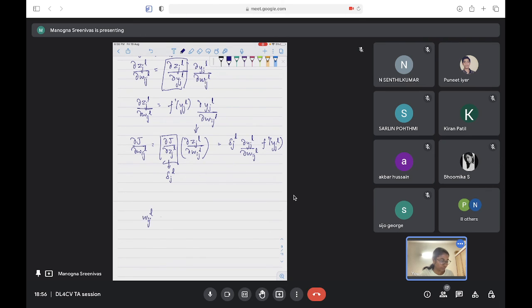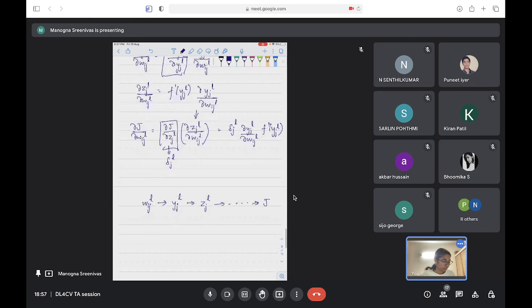Wij of L affects my output. In my forward pass, the way I am progressing is this Zj of L, then it will go to my final computation of J. So if I have this step ∂J by ∂Zj of L, this will further affect me through Y here.